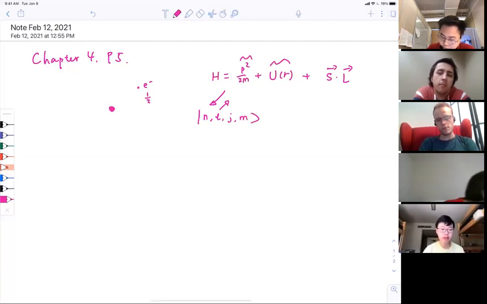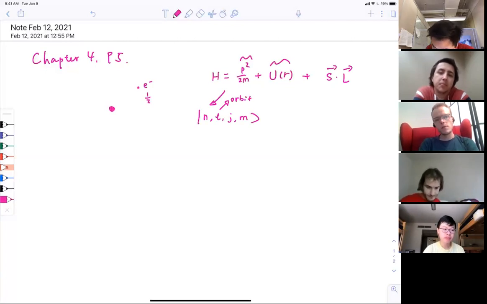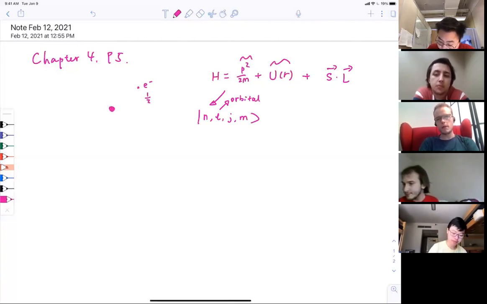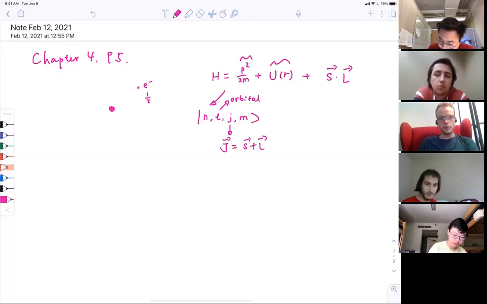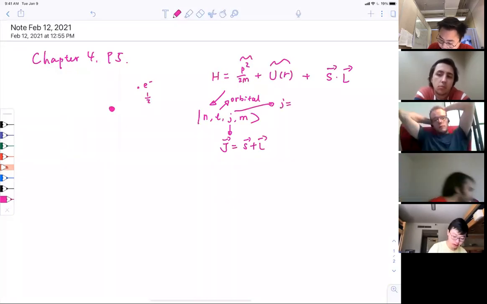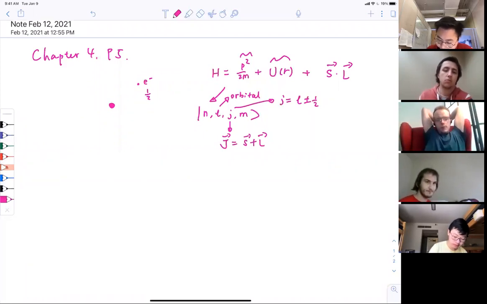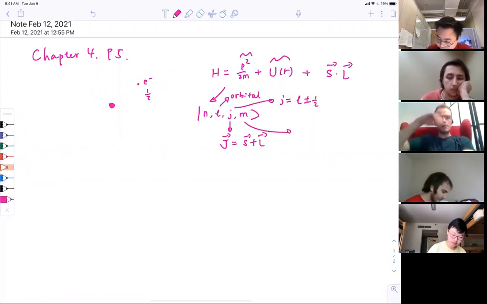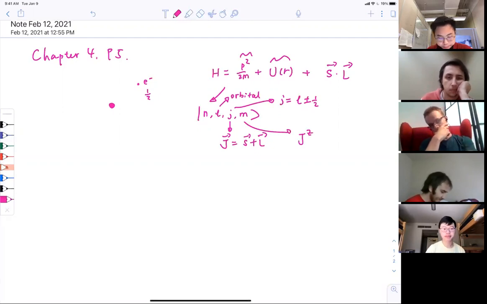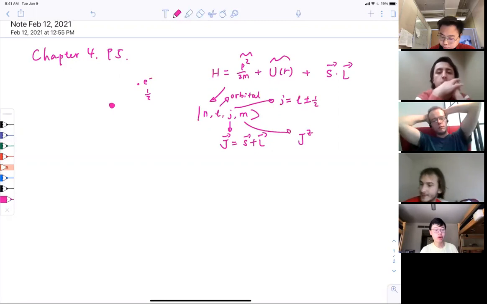L stands for the orbital quantum number. This J is the total, J equal to S plus L, meaning that this J must equal L plus or minus 1/2, right? This M stands for the J_z, the z component of this total angular momentum.